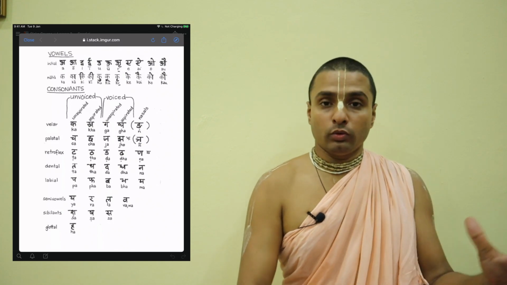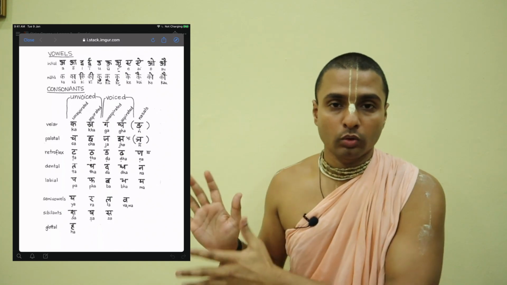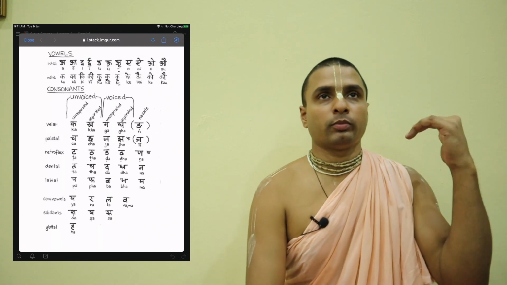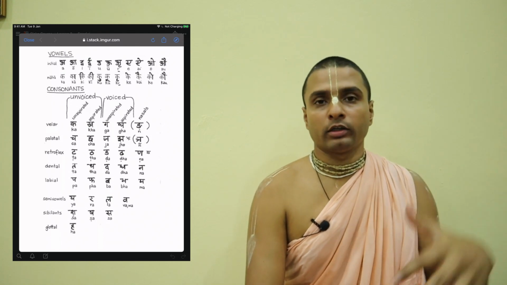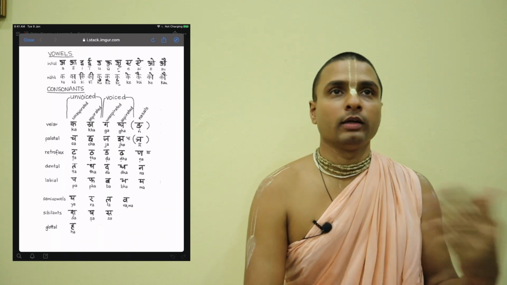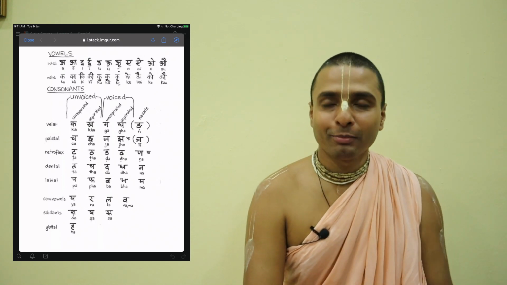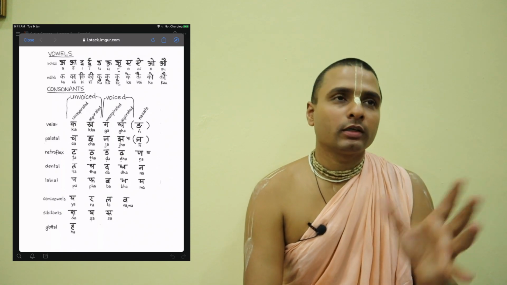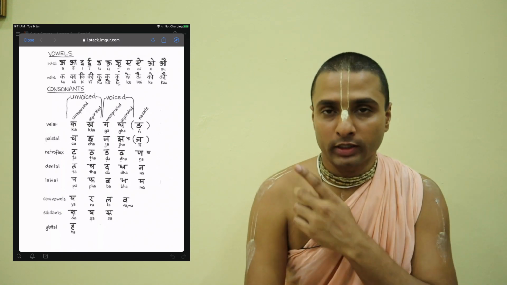I could have taught you without this whole alphabet, just how to pronounce the diacritic marks, but you wouldn't appreciate it as much as when it is presented in this way.